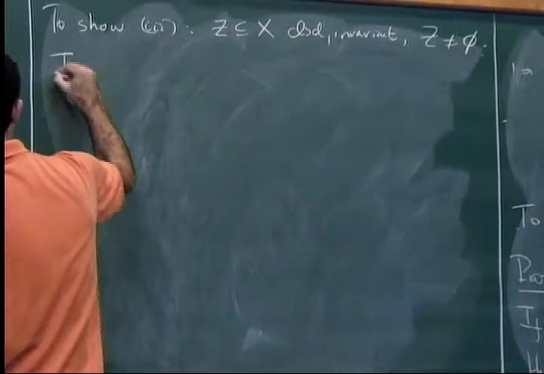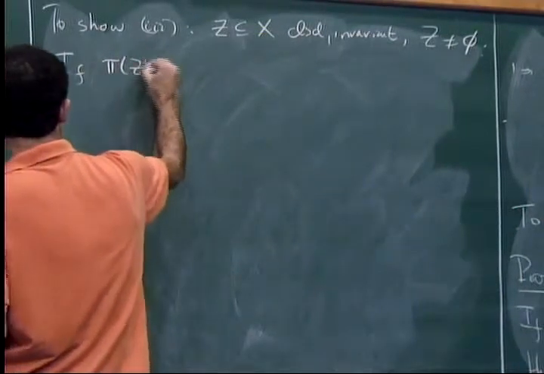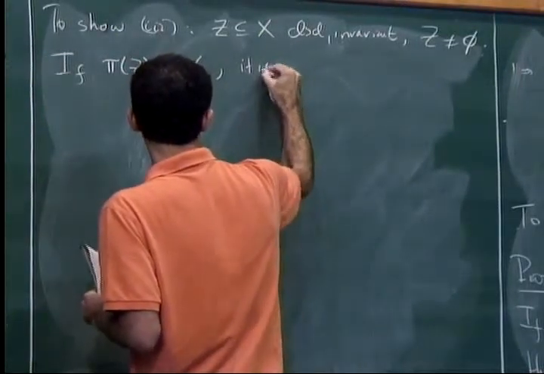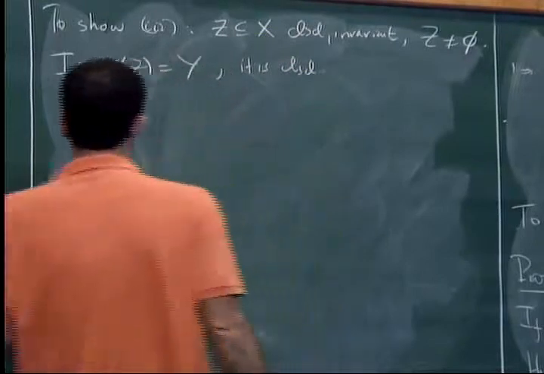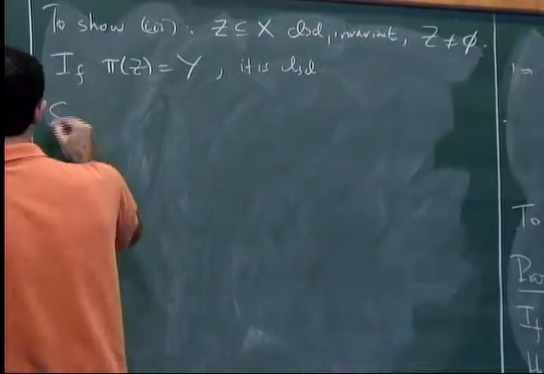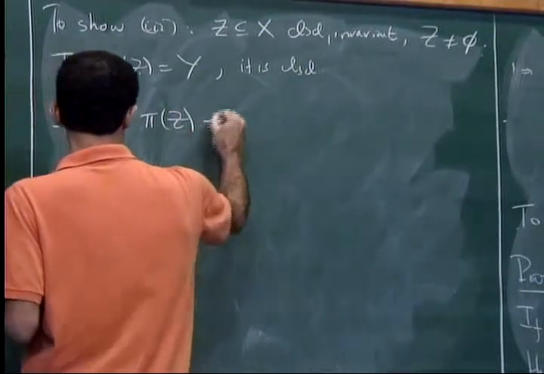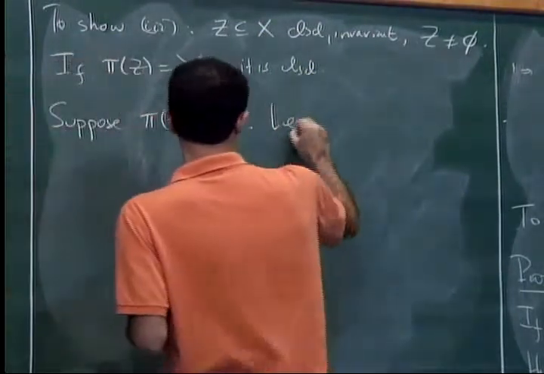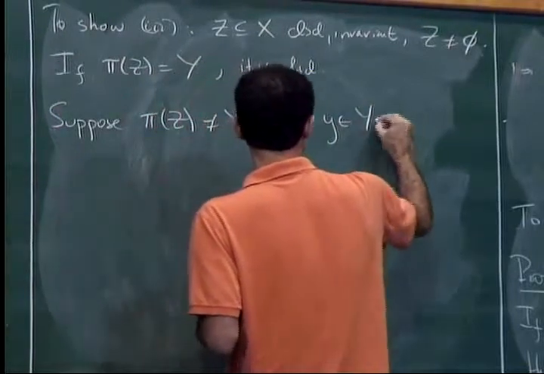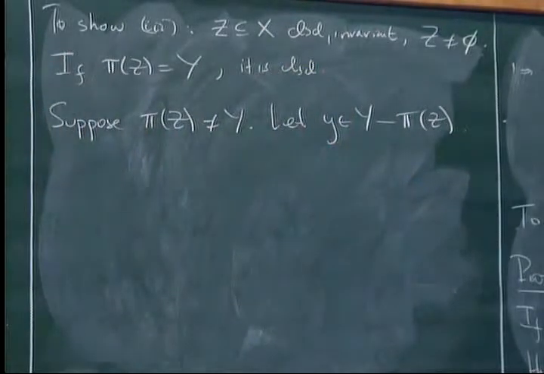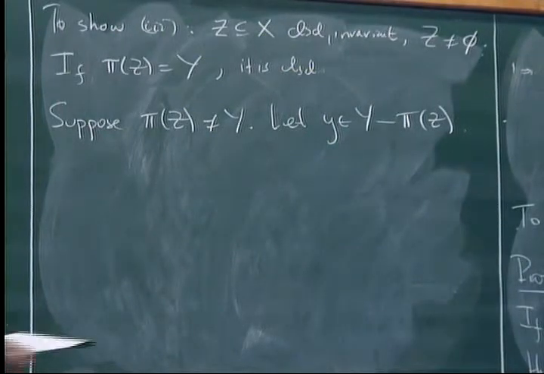We want to show that the image is closed. If the image is Y, then okay. Okay. So suppose it's not. Let's pick an element then, any element in the complement. And what I want to show is that there is an open neighborhood of this point inside the complement. Okay? So that would be enough.